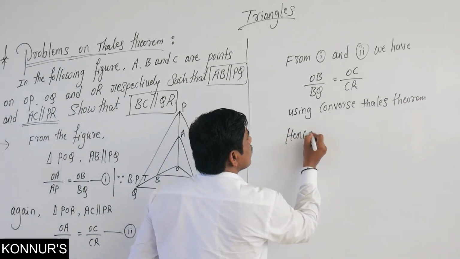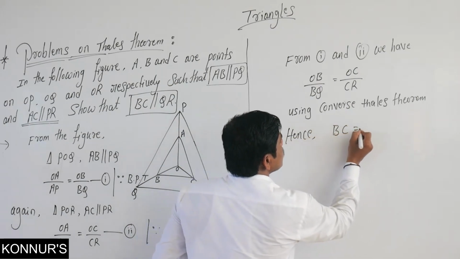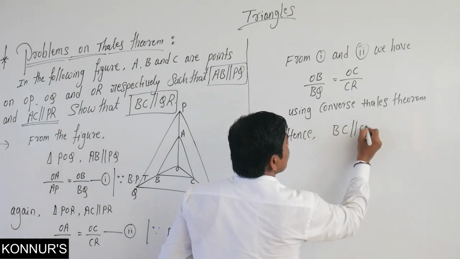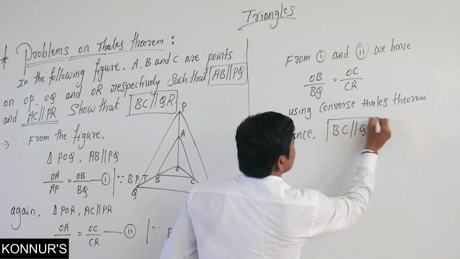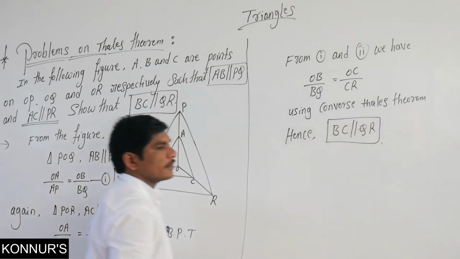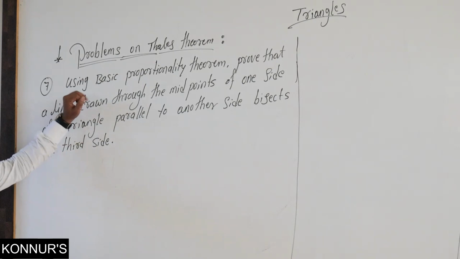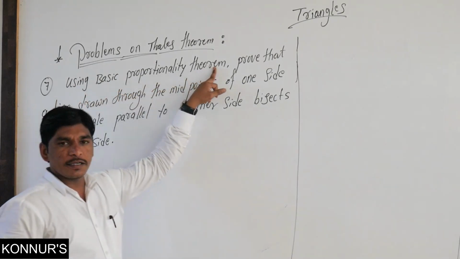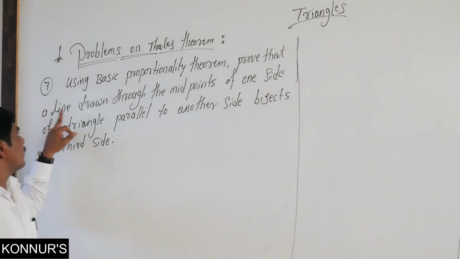Hence, BC is parallel to QR. This is the result.